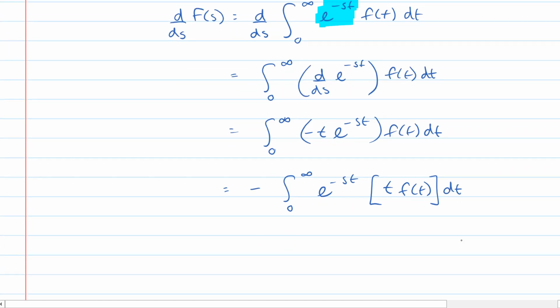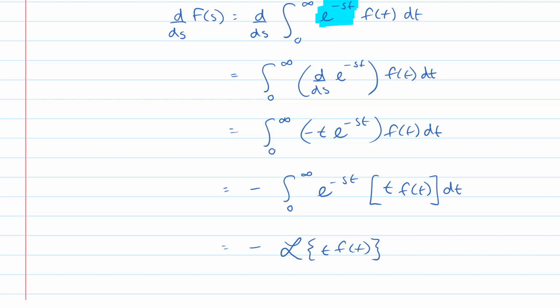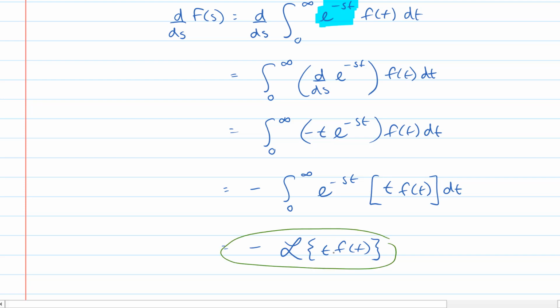But notice how this whole thing is just negative the Laplace transform of the thing in the square brackets, which is just t f of t. And so we can see here that if we're taking the Laplace transform of t f of t, we're just going to get negative the derivative of the Laplace transform capital F with respect to s.